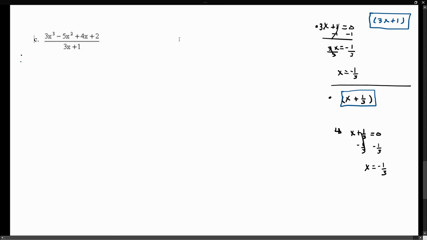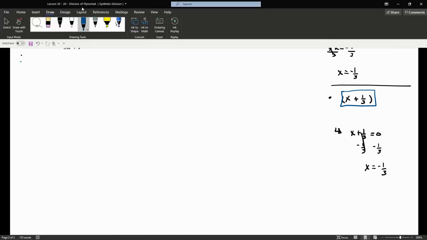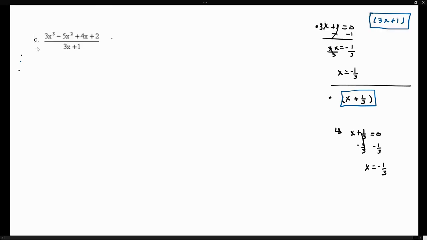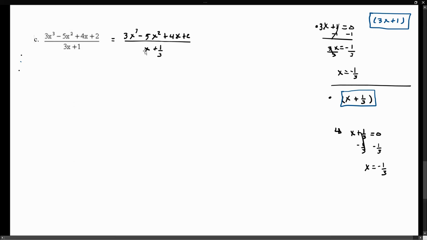And what's the benefit of that? Well, if we rewrite our problem this way, minus 5x squared plus 4x plus 2 all over x plus 1/3, now notice that my denominator fits the requirements needed for us to use synthetic division.